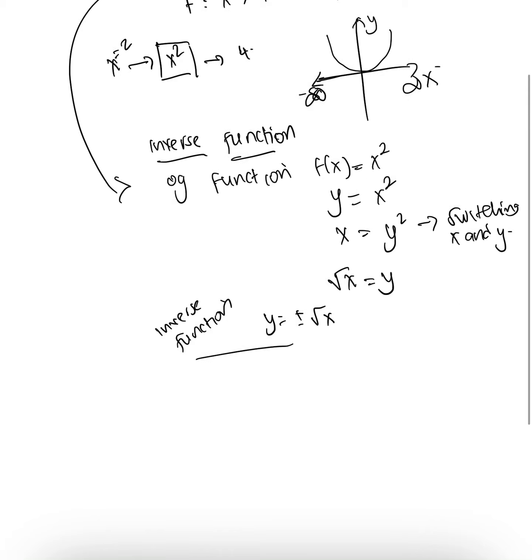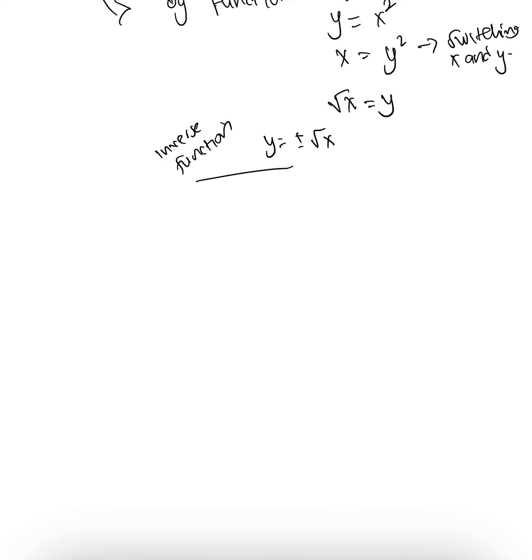Well, let's have a look at the graphs, as I wanted to do that in the beginning. If we have x squared, it's good to plot them on the same graph and the same scale. So this is x, this is y. What I've drawn here is y equals x squared. Now remember, you can draw root of x as a function.